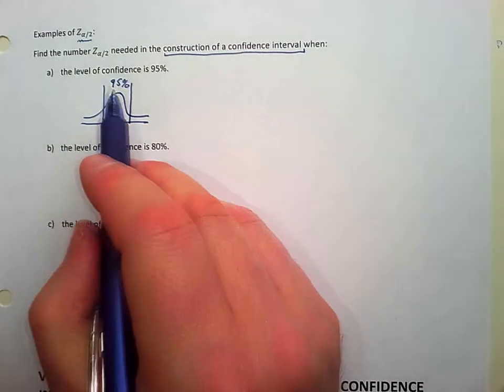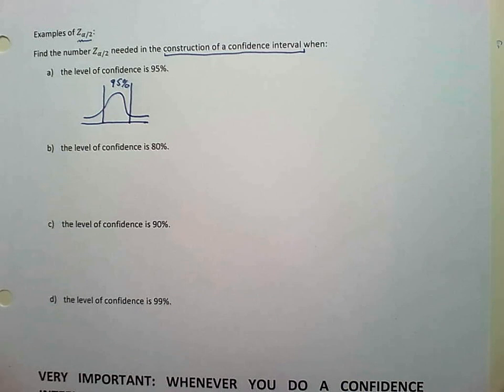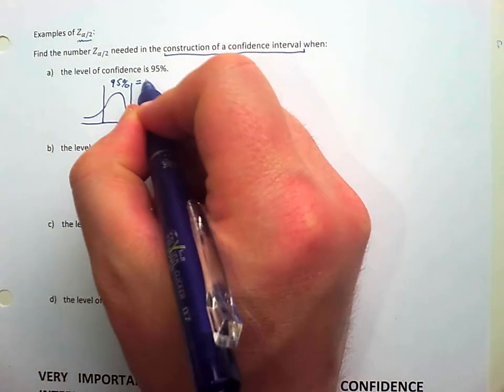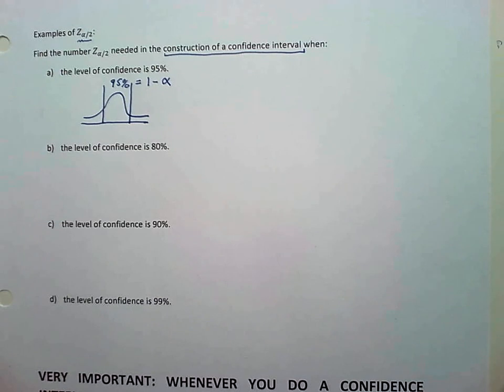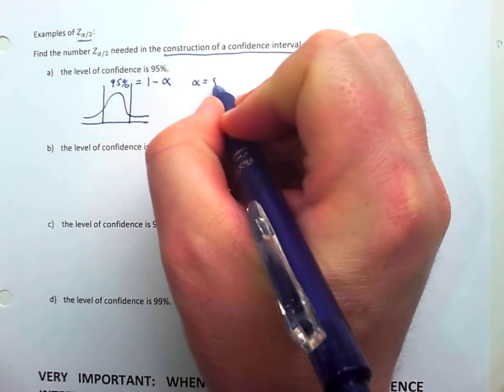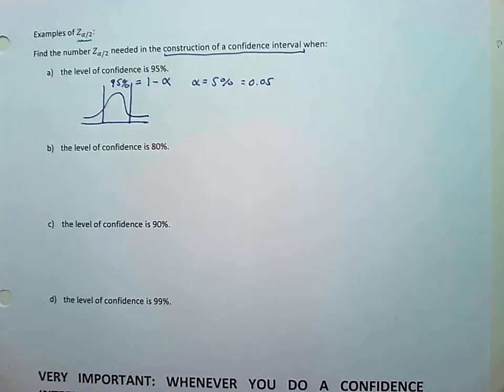So therefore, if we have 95% in here, then how big is alpha? Well, if 95% is our confidence level, then 95% is equal to 1 minus alpha. So therefore, all of alpha is equal to 5%, or simply just 0.05.